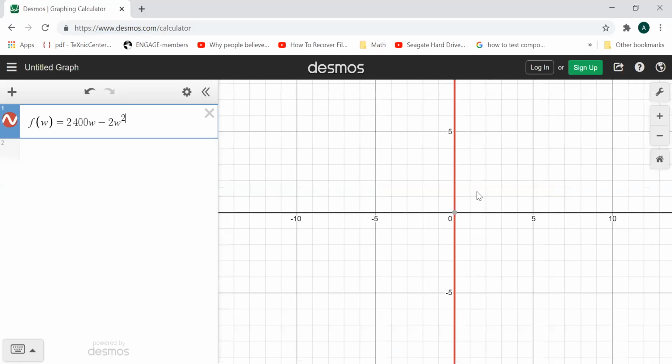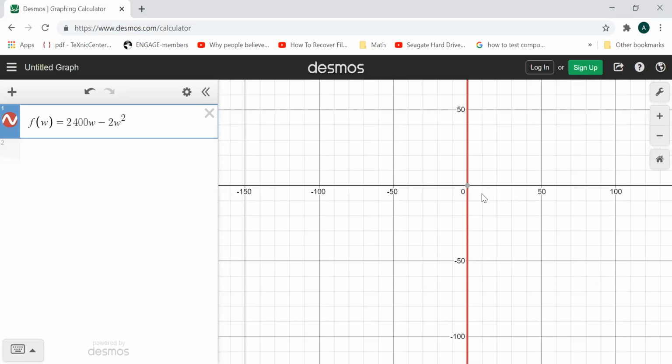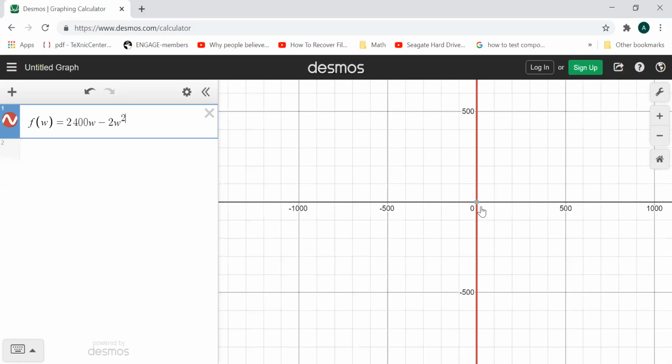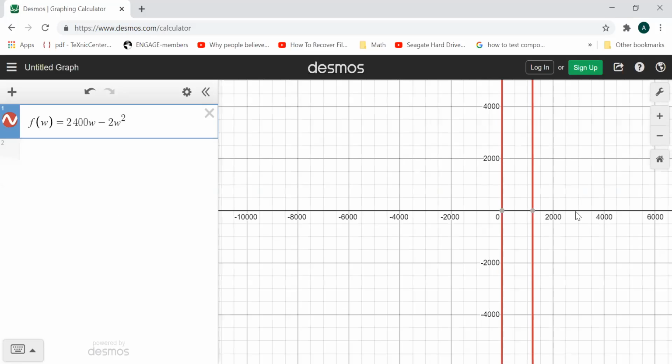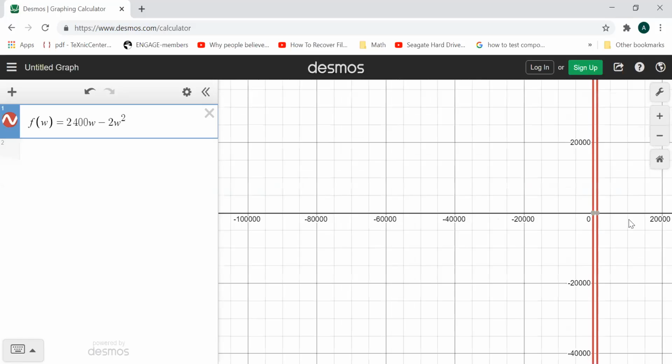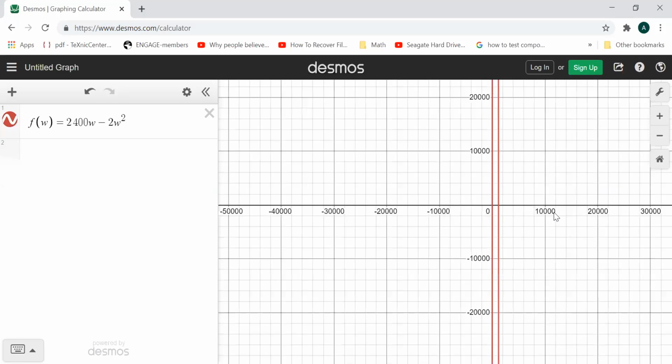Unfortunately, I have to zoom out a lot to see what this function looks like. There we go. I'm zoomed out a lot, and my function looks something like this. It doesn't look very pretty here.